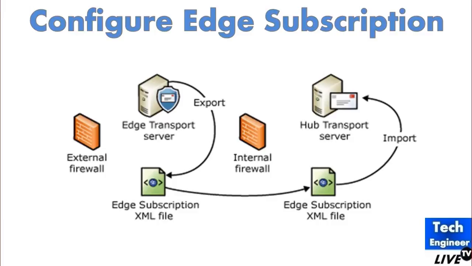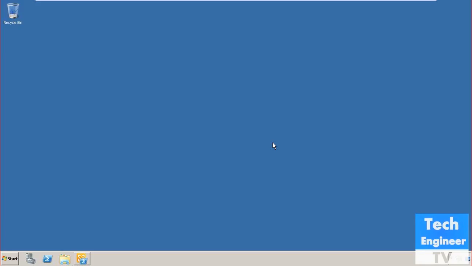Now I'm in the edge transport server, and we have already installed it. Let's find out what exactly the prerequisites were. And remember, this particular machine, the edge transport server, is not a part of your domain, the Active Directory forest.